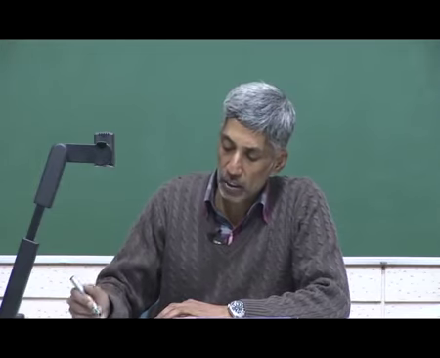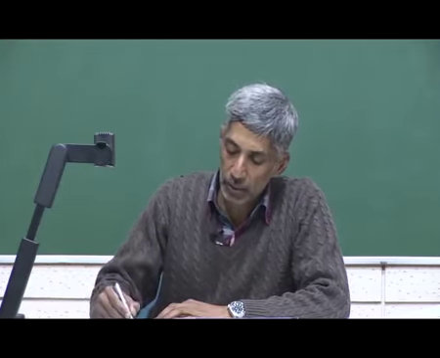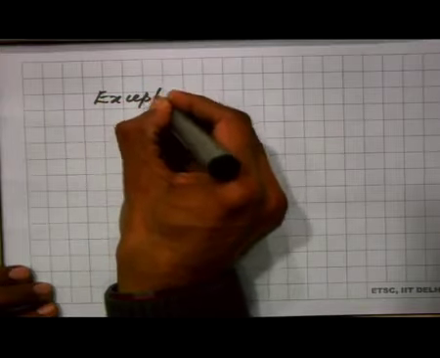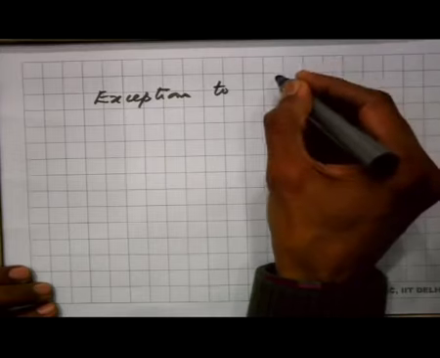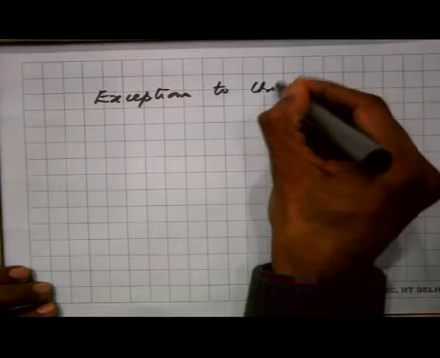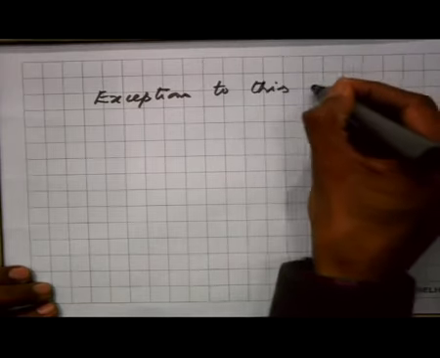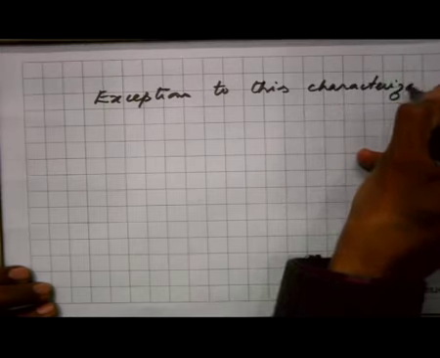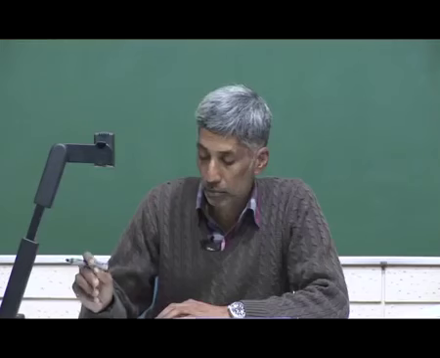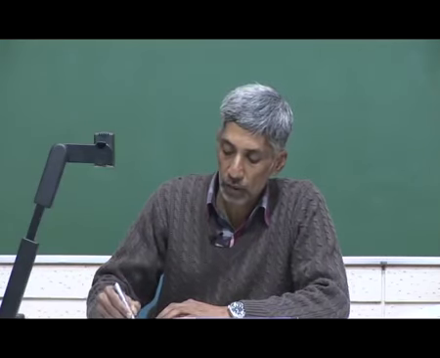The reason for this is that there are many exceptions to this characterization into solids, liquids or gas. For example, if you look at the window in many houses, this is made of glass.